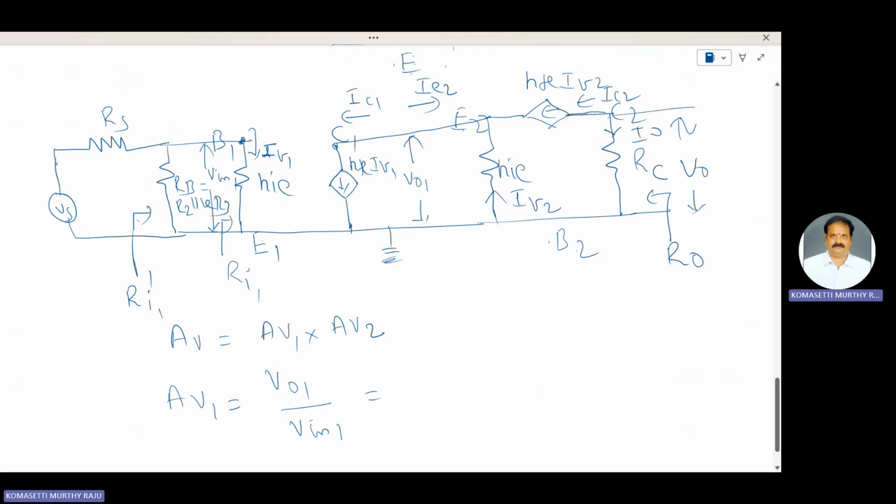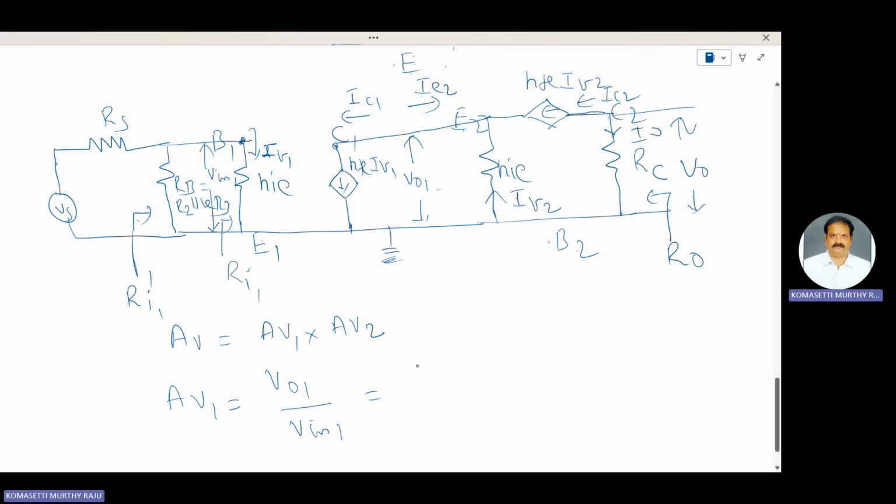The output voltage V01 is across HIE, and the current flow through this HIE is IB2.